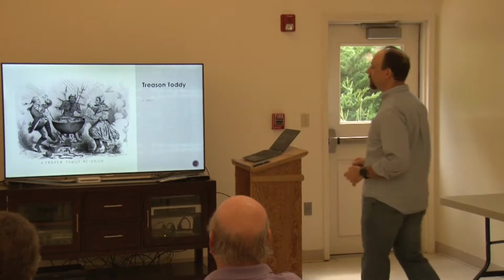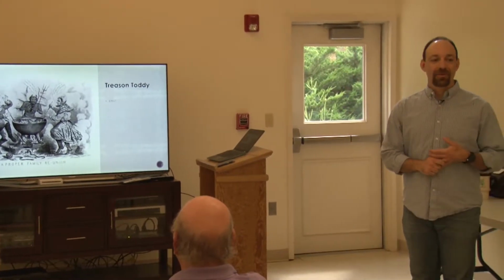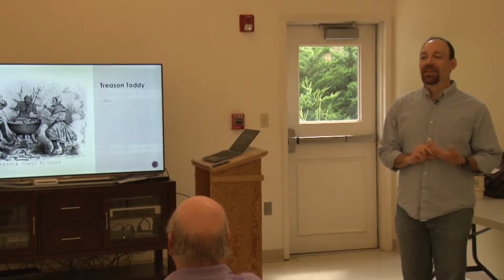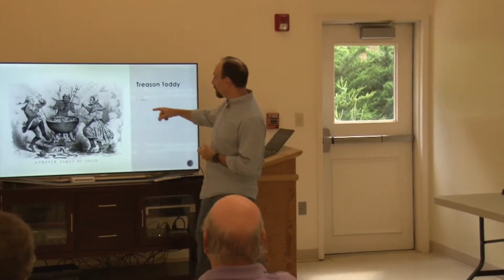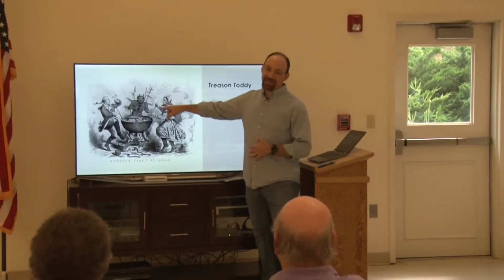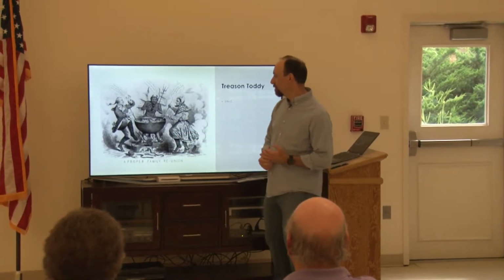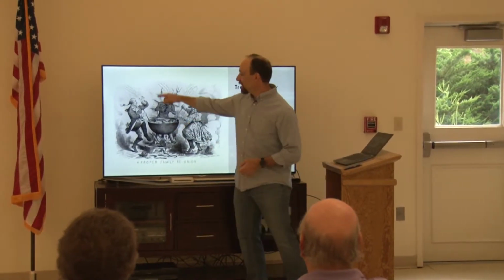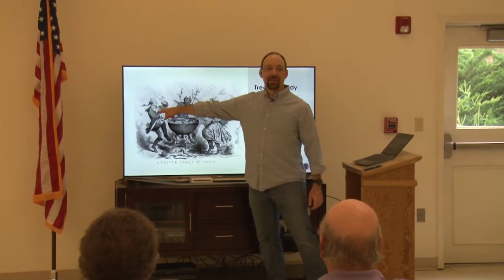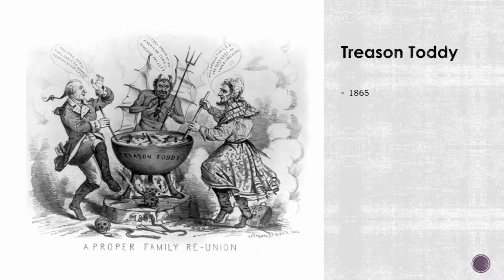That leads us to another Jefferson Davis cartoon. This one, which is called Treason Toddy, or A Proper Family Reunion. And what do we see here? Here's Jefferson Davis, and what's he wearing? A dress and the boots and the spurs. Of course, he has some stolen Confederate gold here behind him. Stirring the treason toddy with this guy over here, Benedict Arnold. And who is blessing the union of Arnold and Davis?